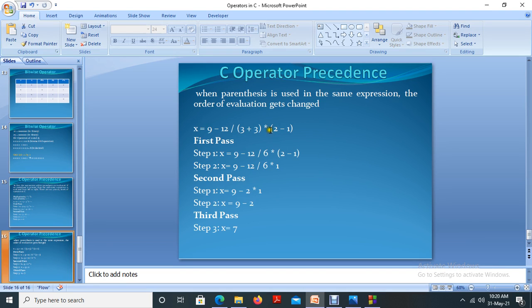So what we will do is perform these operations inside the bracket. 3 plus 3, that is the first step. In the second step, the second operation in the bracket. So 9 minus 12 by 6 star 1. Again, we completed all the operations in the brackets.